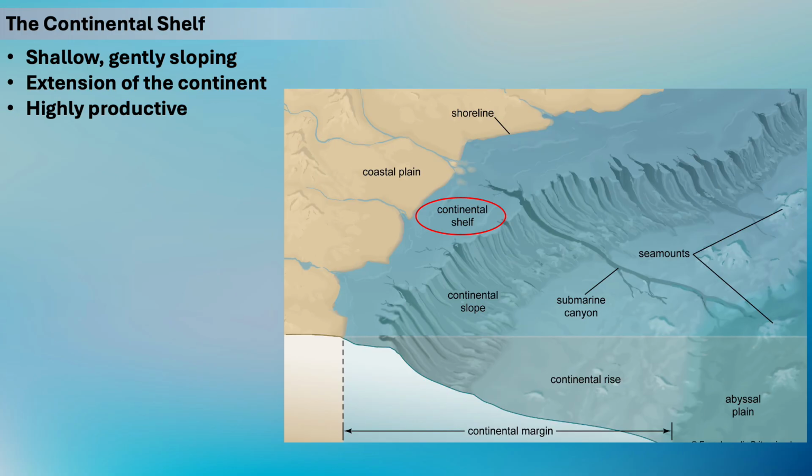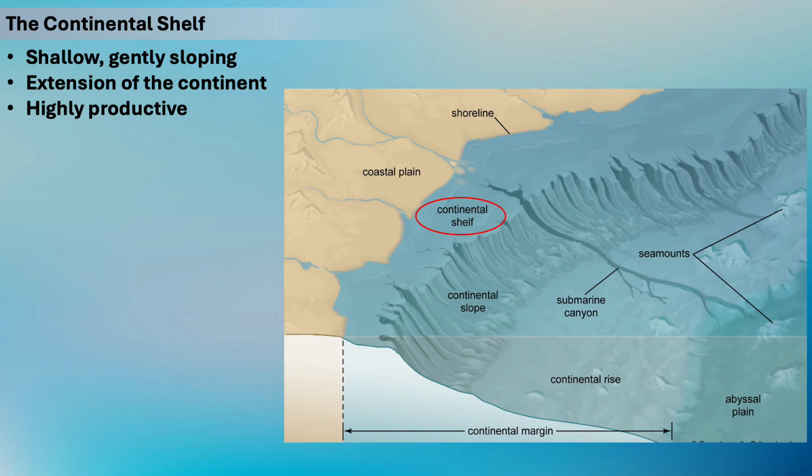Importantly, the continental shelf is composed of continental crust and is therefore part of the continent, not the deep ocean basin. As a result, large areas of the continental crust form broad, shallow platforms rather than steep slopes or deep basins. Continental shelves are generally shallow, extending from the coastline to depths of roughly 200 meters.